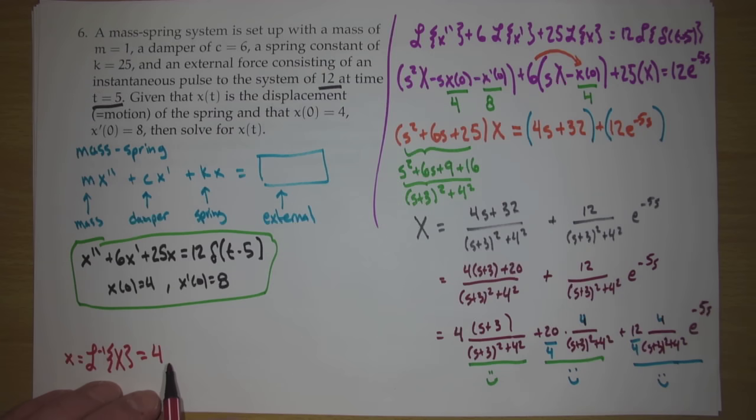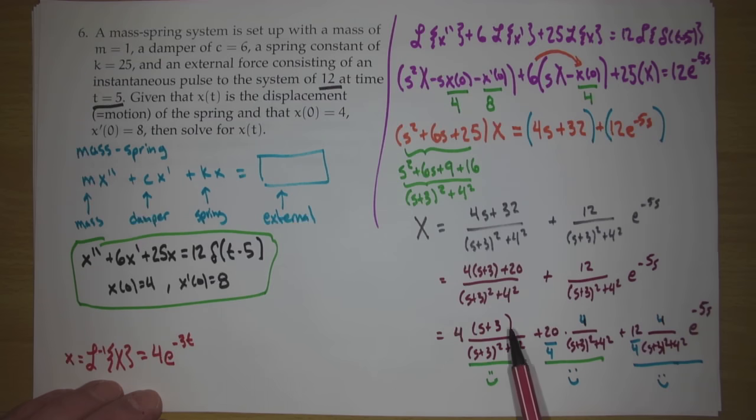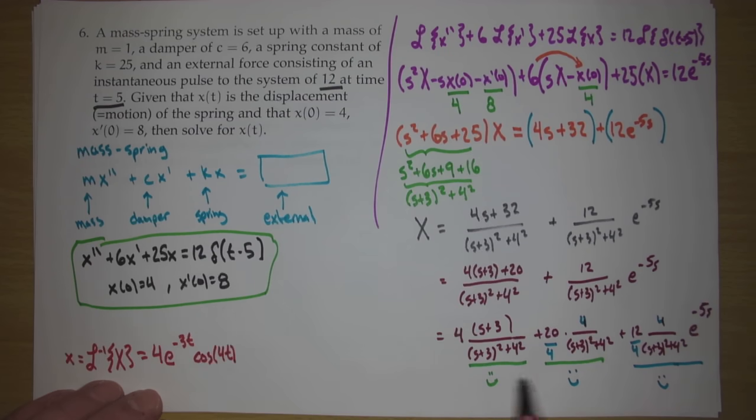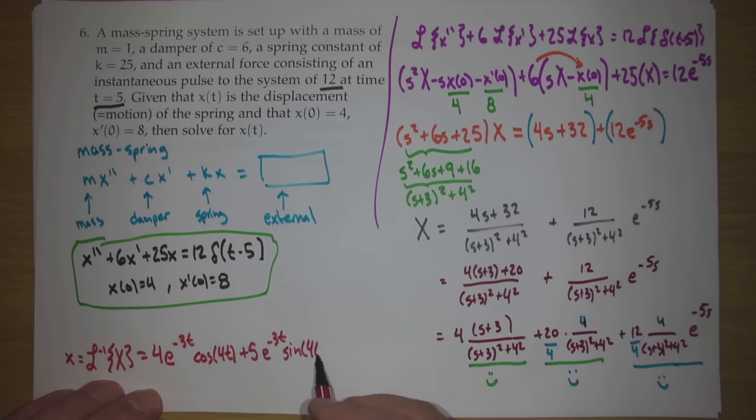Positive 3t or negative 3t? Negative 3t. So s minus minus 3. Now, if you imagine that instead of s + 3, you just saw s over s^2 + 4^2, what function is that? Cosine 4t. 20 over 4 is 5. Then this will become similar, e^(-3t), because of the s + 3, sine 4t.